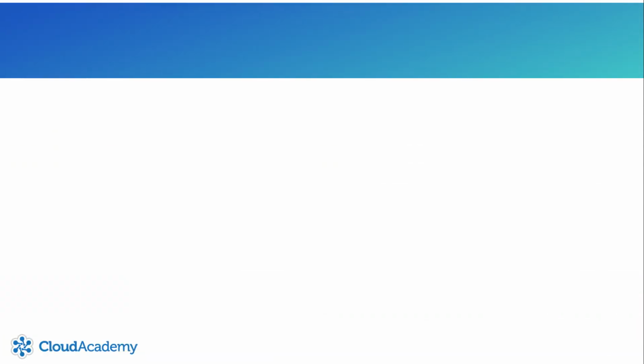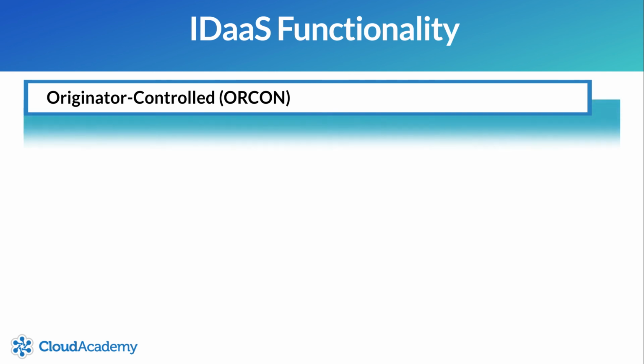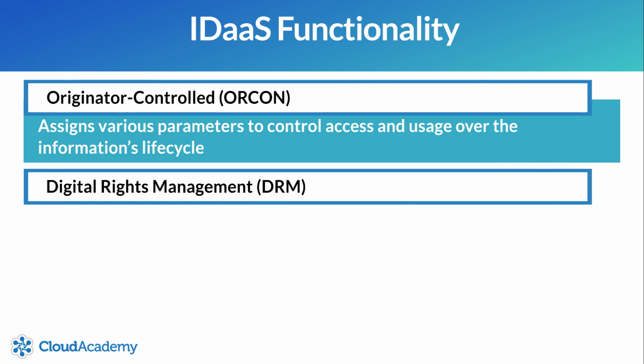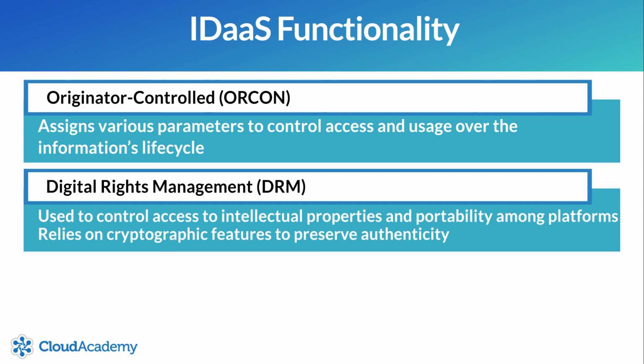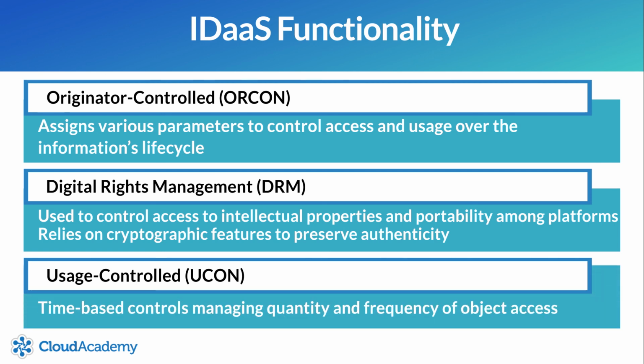We have other types of non-discretionary access control. We have originator-controlled, which assigns various parameters to control access and usage over the information's lifecycle. We have digital rights management, sometimes called IRM or information rights management, and this is used to control access to intellectual properties and portability among platforms.